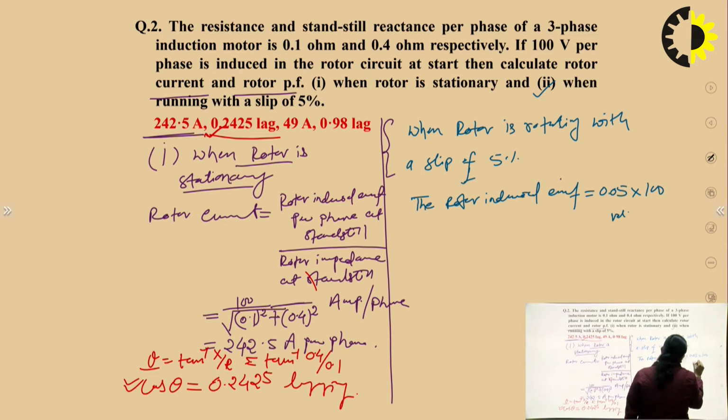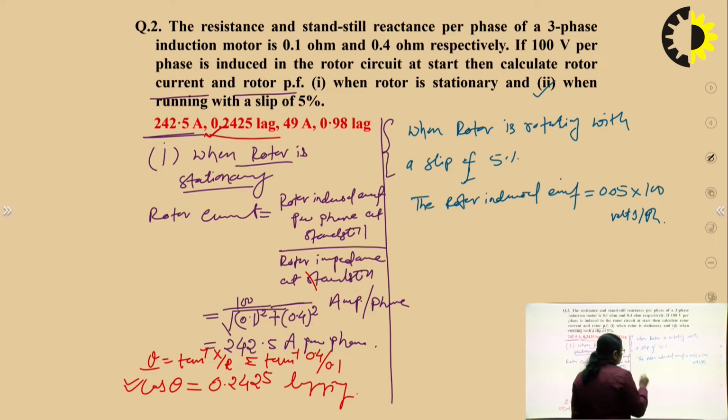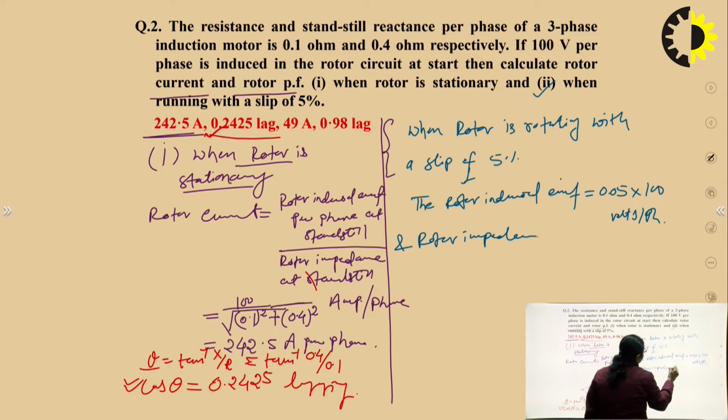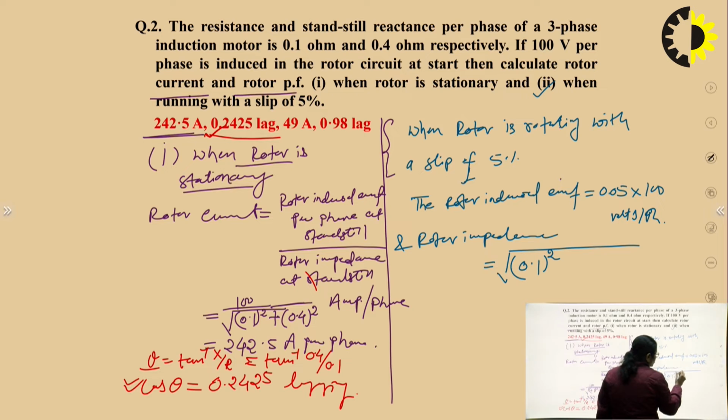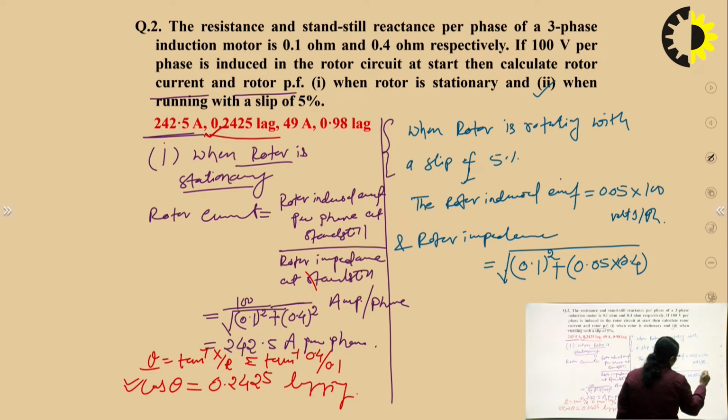This much volts per phase, right? What about the rotor impedance? The rotor impedance will be equal to the square root of 0.1 squared, that is rotor resistance square, plus S times X squared. So that is 0.05 multiplied by 0.4, squared.